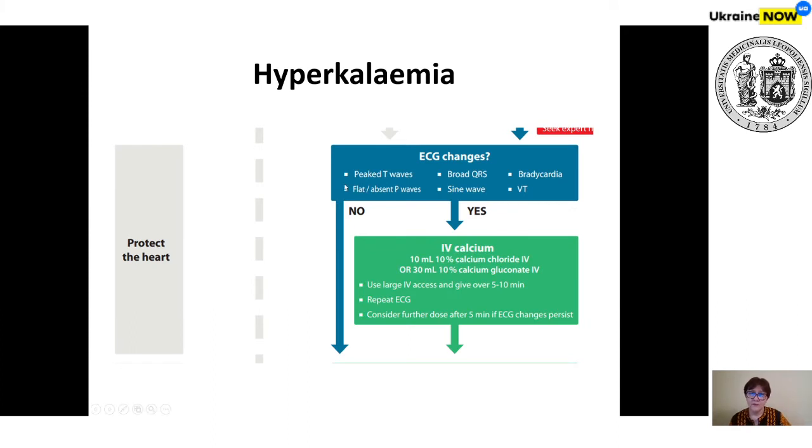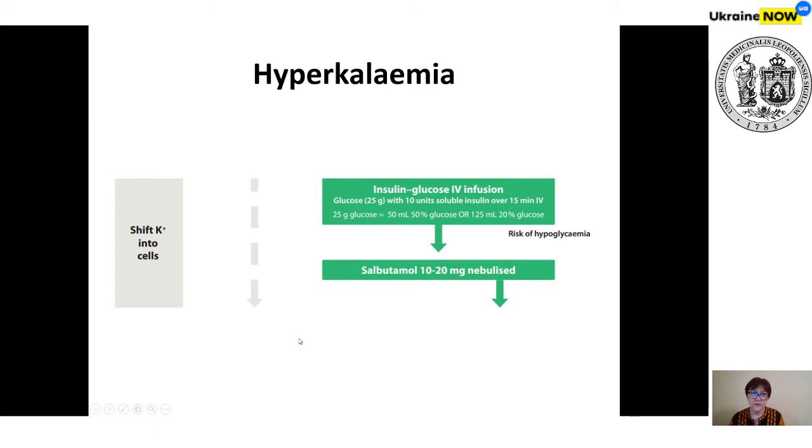If there are typical signs of hyperkalemia in the ECG: peaked T waves, broad QRS complexes, flat or absent P waves, you should protect the myocardium from the toxic effects of potassium using calcium antagonist. Here are the dosage rates. Also, you can try to shift potassium into cells using insulin with glucose and beta-2 adrenomimetics such as salbutamol.